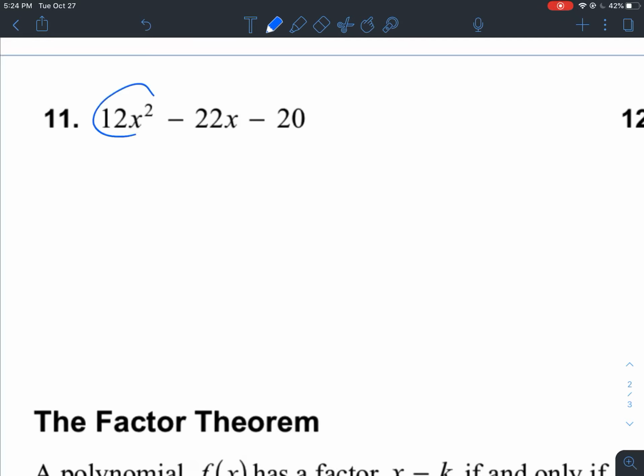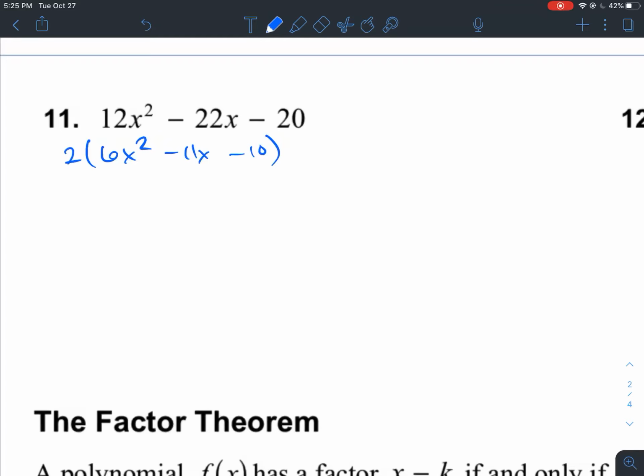So I know that this is 3, so can I factor anything in common here? I can factor out a 2. And then this would be 6x squared minus 11x minus 10.